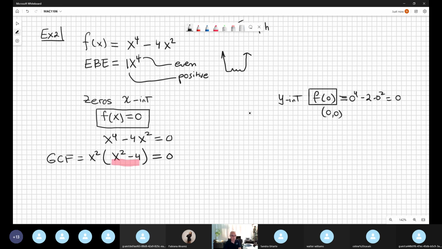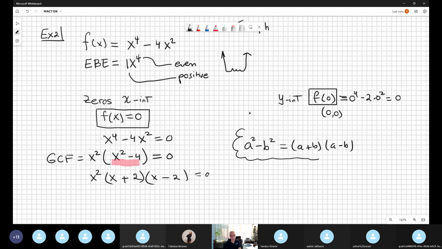The factorization is: copy this, bring down, open two new parentheses, the square root of x squared is x, and the square root of 4 is 2, plus or minus. So I am using this famous formula that I suppose everyone knows very well: a squared minus b squared is (a plus b) times (a minus b). Do you remember that formula?